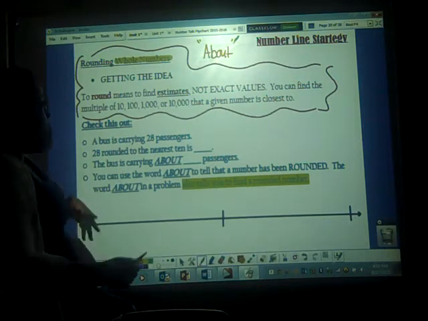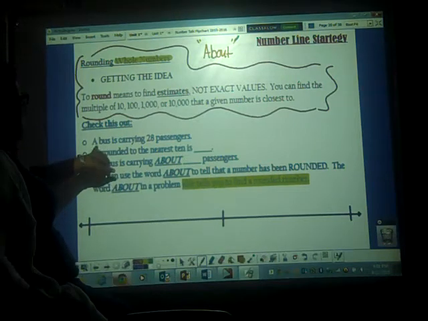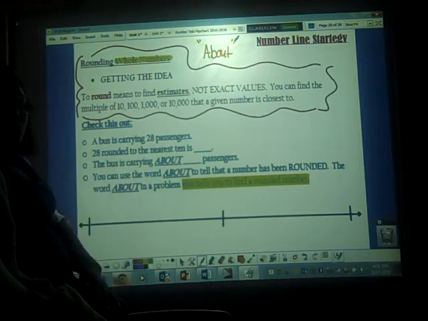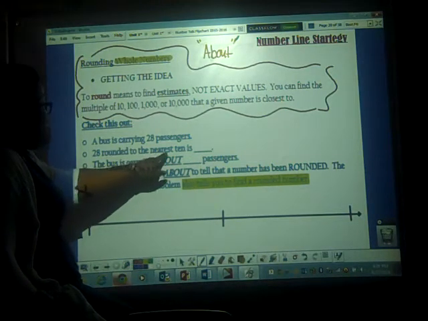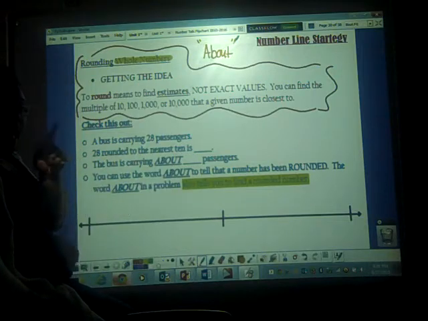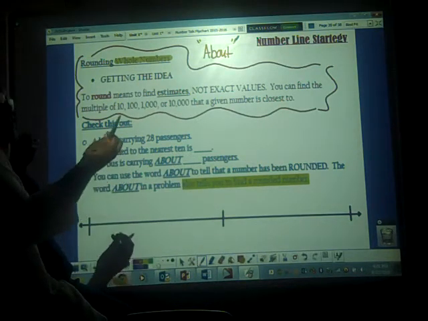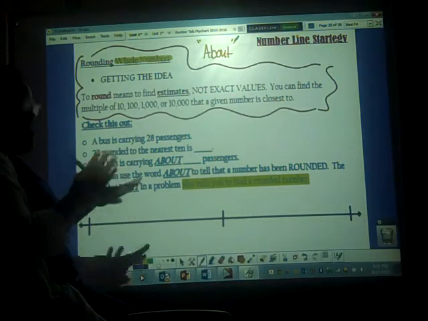So you may have a problem saying, let's see right here, this example. A bus is carrying 28 passengers, okay? 28 rounded to the nearest 10. They're telling you what place value to round it to. So you have to understand and know your place values like the back of your hand.